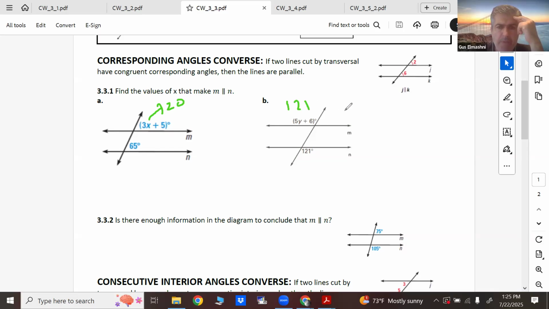I think Y would be 23 here. Is it enough information to conclude that M is parallel to N? So that's 105, and those are the same. So yeah, that's a yes.